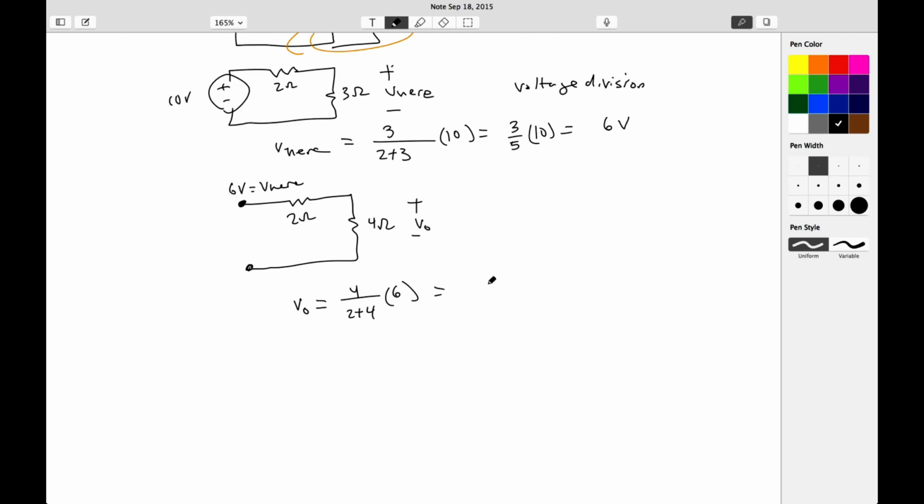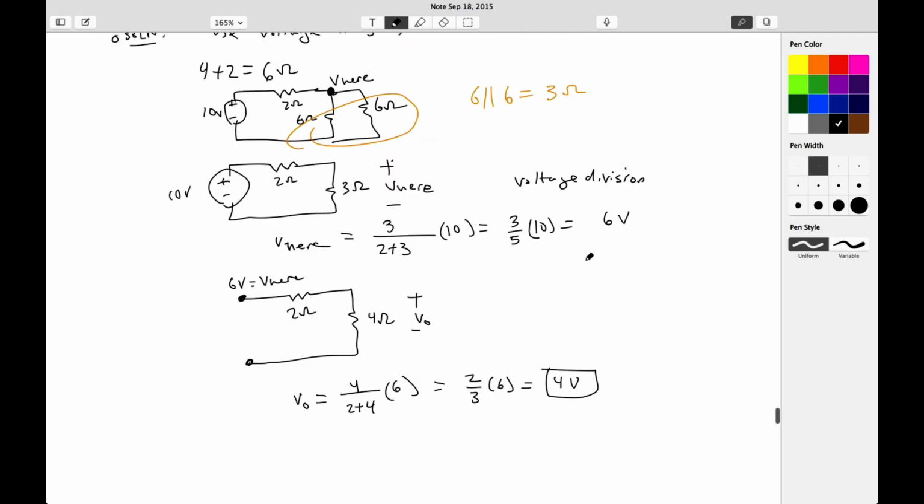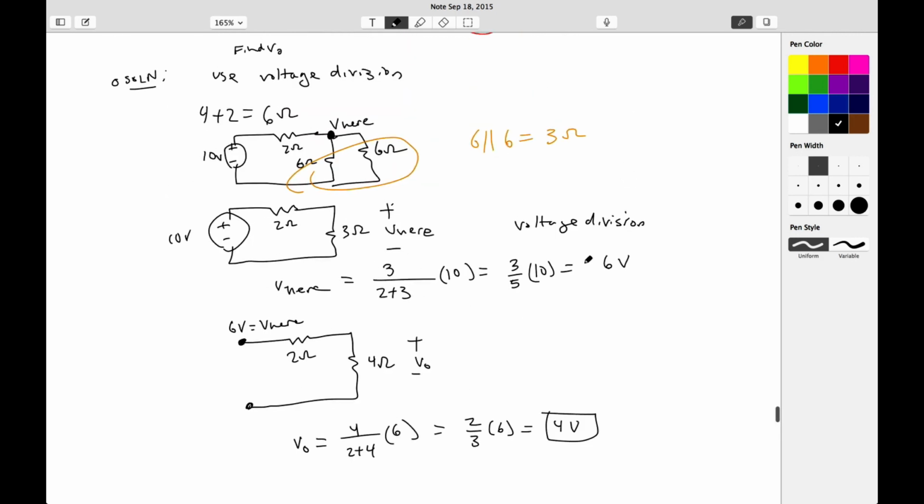All right, so what do I get? Well, I want 2/3 of 6, which is just equal to 4 volts. All right, so in some very simple steps, we were able to find out that voltage.